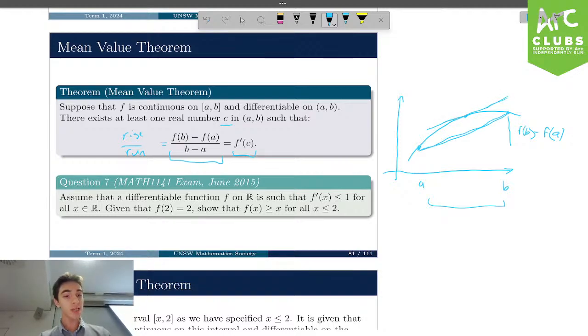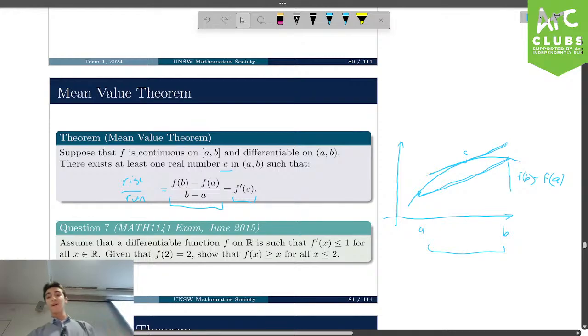We would have this gradient, and that's basically the same gradient as our secant. So that would be our point c. The mean value theorem tells us that for any continuous function that's differentiable across this interval, there is always going to be this point c between a and b where the derivative is equal to the slope of the secant. So when you draw it out like that, it's not that complicated. It makes sense, right?